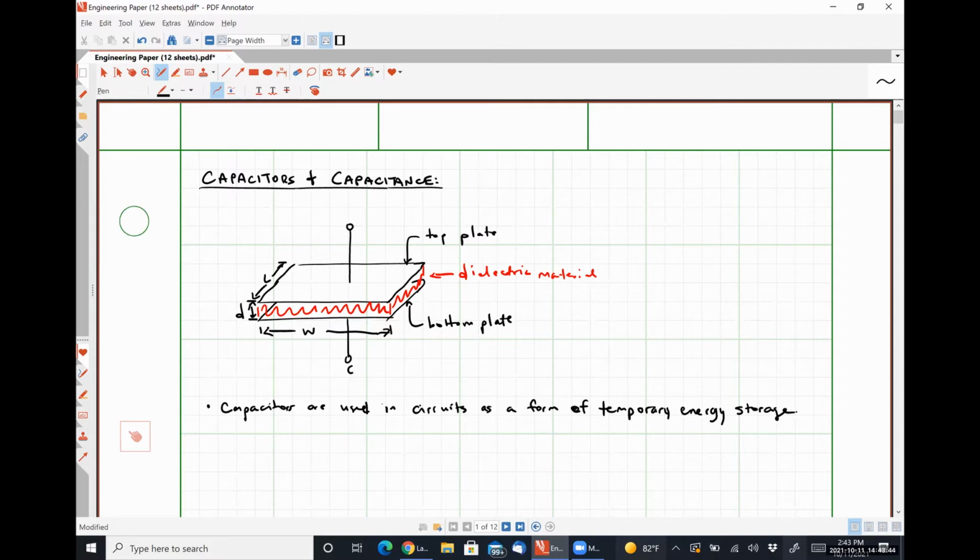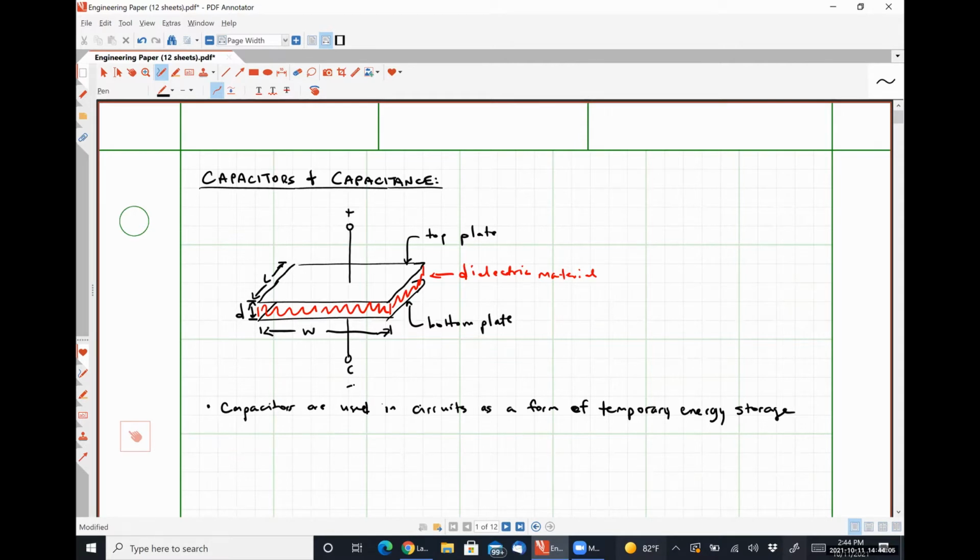So if we were to apply a voltage across a capacitor, let's say that we put a positive polarity terminal up here and a negative polarity terminal down here.